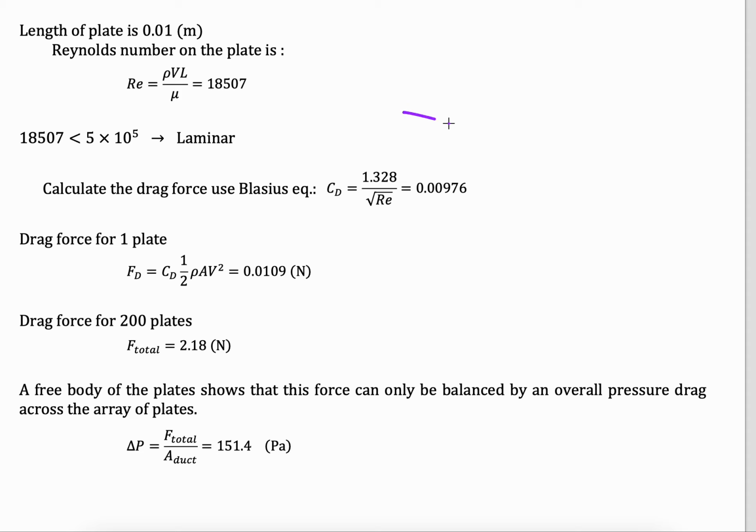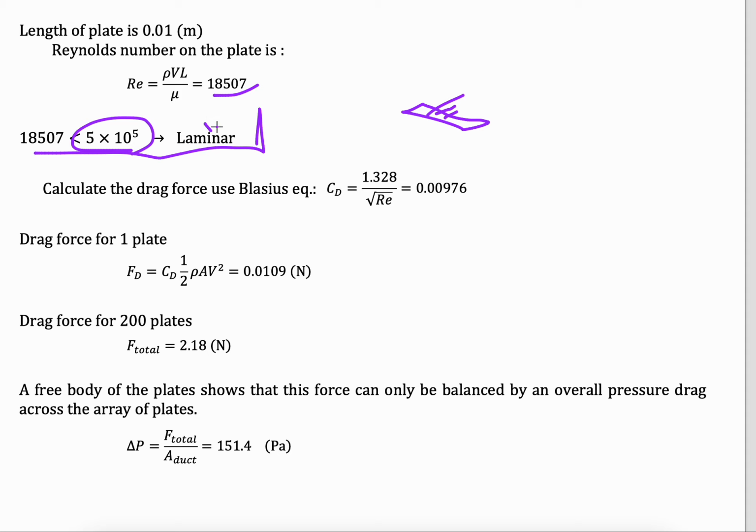For that thin plate, the flow that occurs on this plate reflects the flow on a flat plate. So the transition from laminar to turbulent must use the idea of flow on a flat plate. If this Reynolds number is less than 5 times 10 to the power of 5, the flow remains laminar.